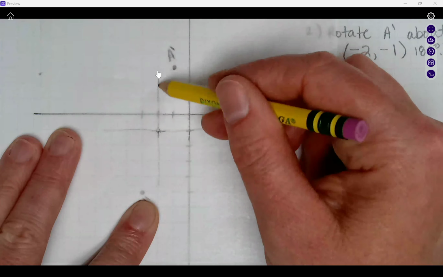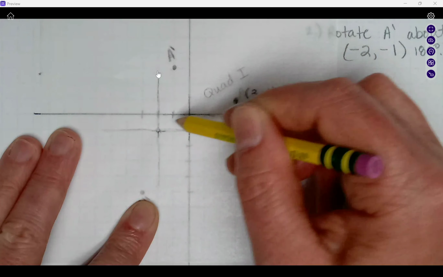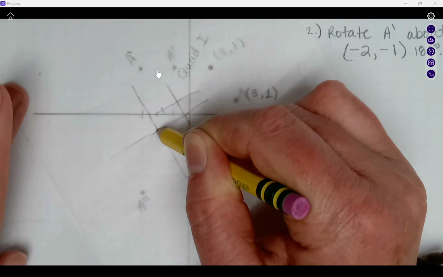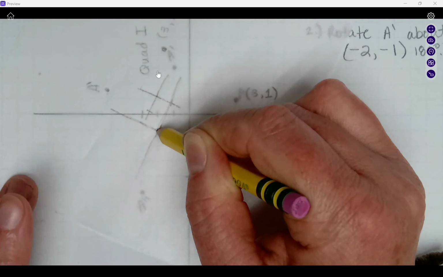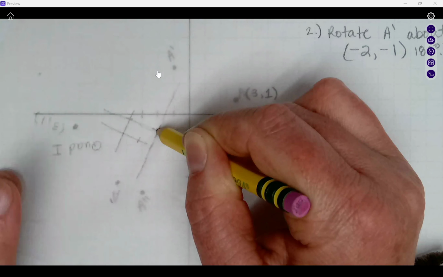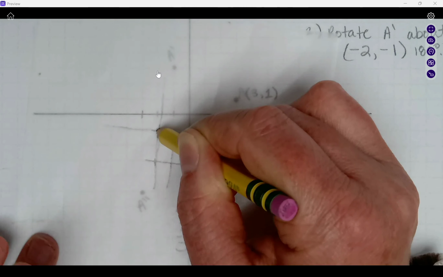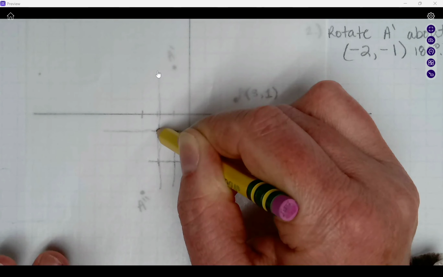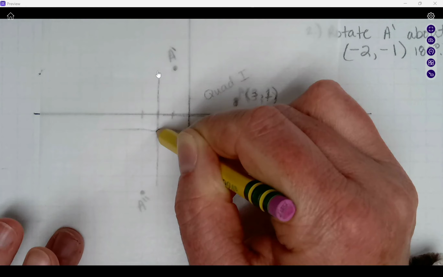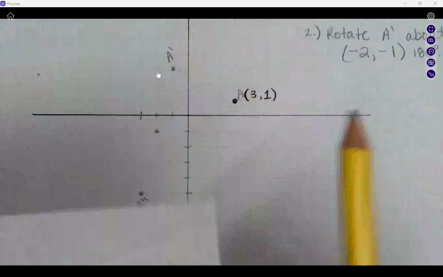I did redraw an origin here for this other point that I'm rotating about, so that I could keep up with each rotation. Here's 90 degrees. Here's 180 degrees. Here's 270 degrees. Here's 360 degrees.